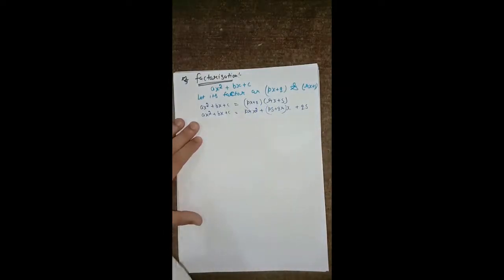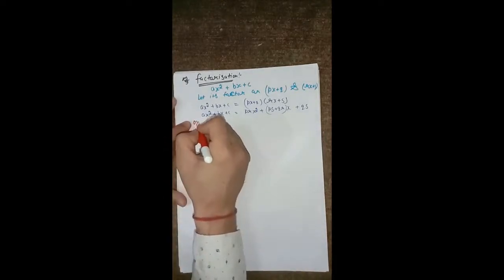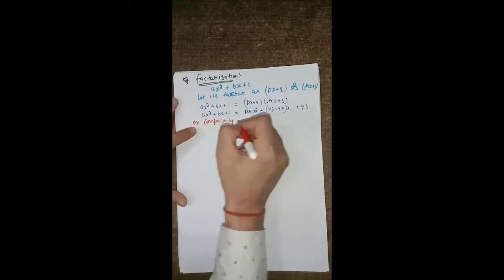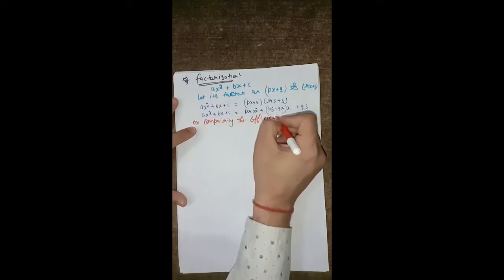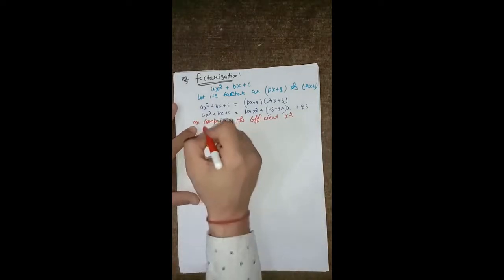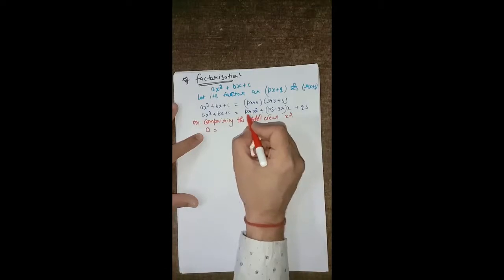Now, on comparing the left hand side with the right hand side, the coefficient of x square: on the left hand side it is a, and on the right side the coefficient of x square is pr.